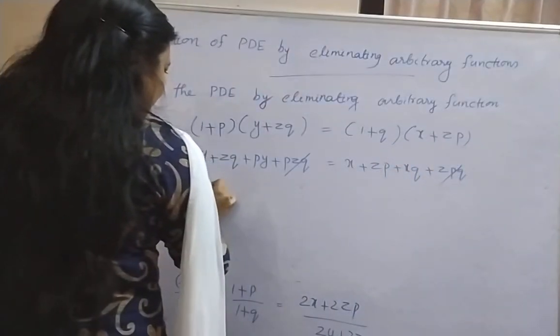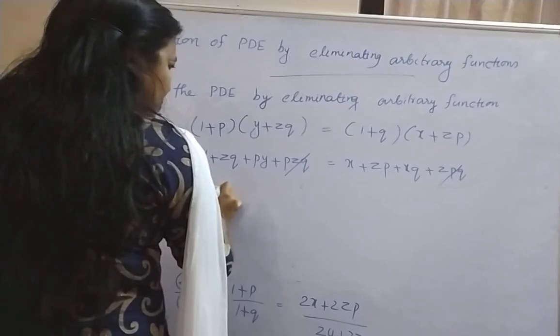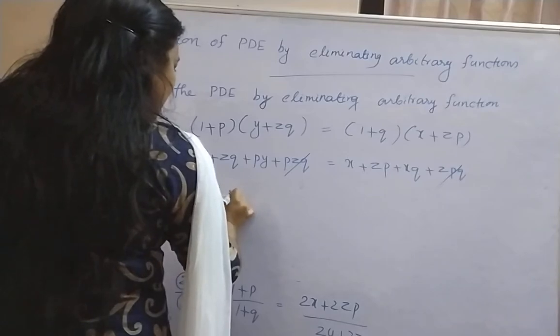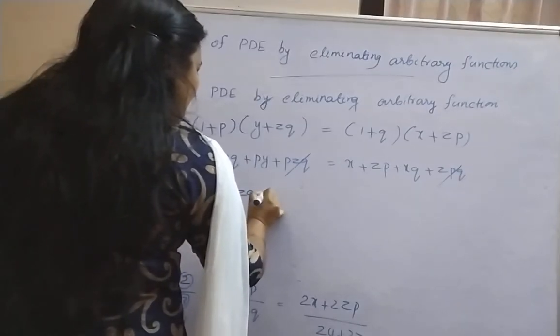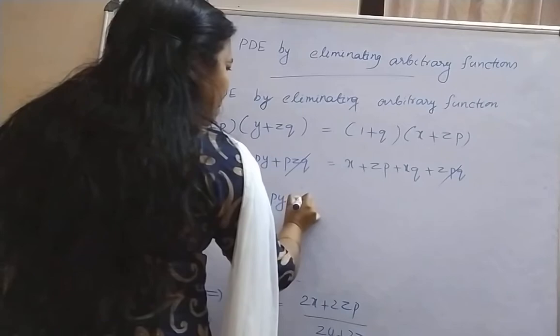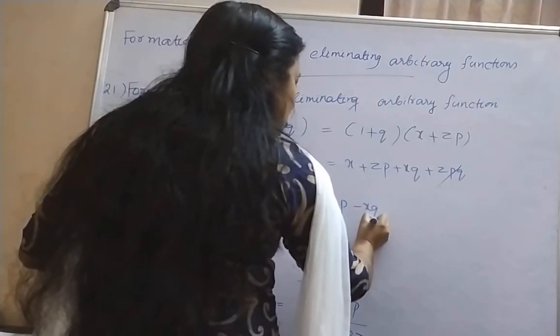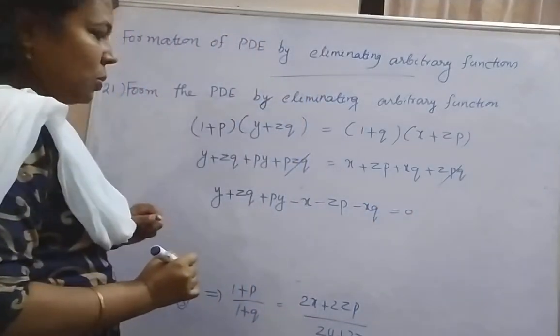Then y plus zq plus py minus x minus zp minus xq equal to 0.